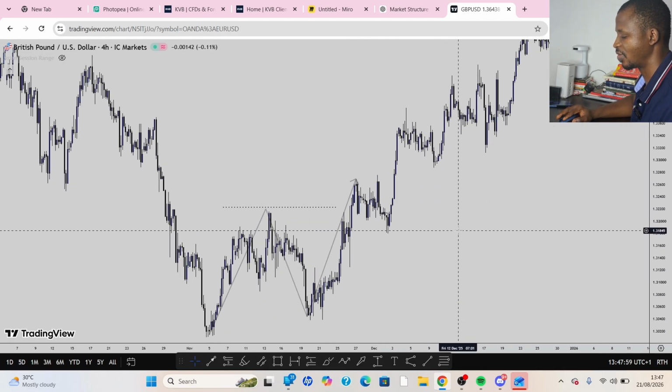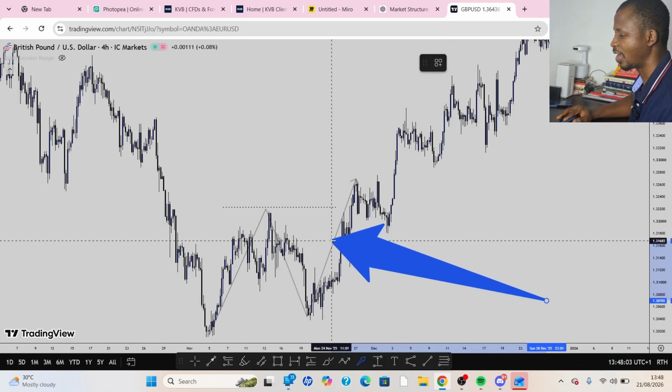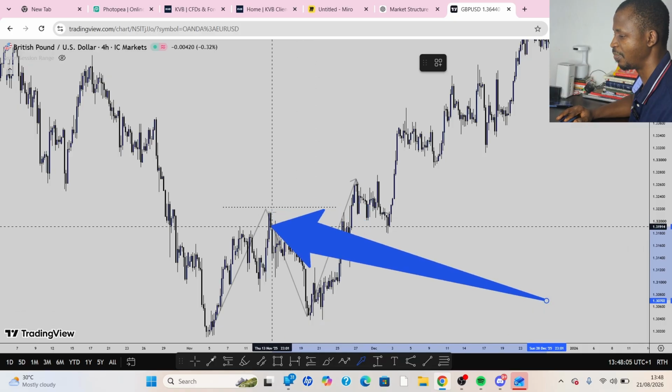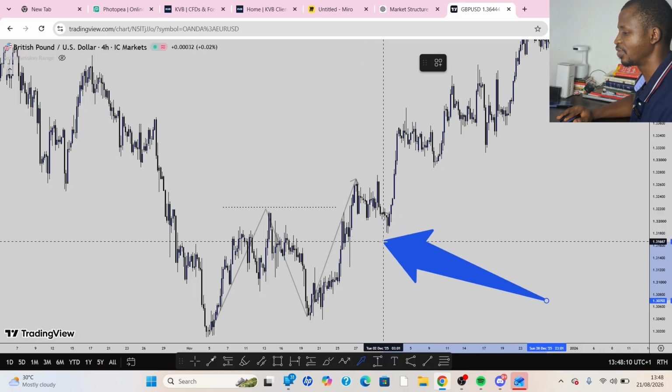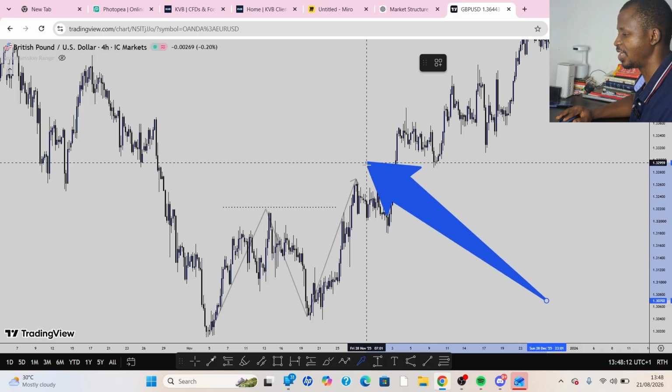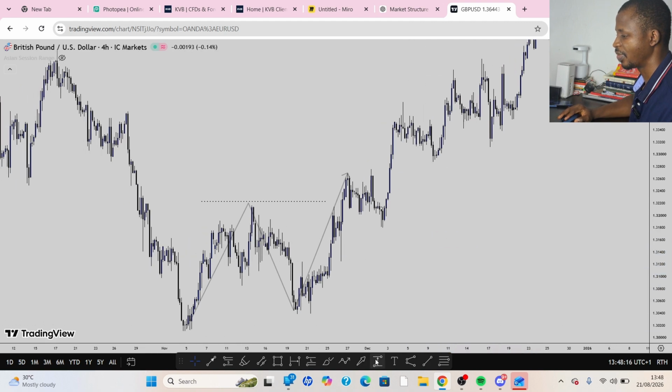What I mean by the second leg is that after the movement that caused the price to break the previous lower high, you want to wait for the price to return back, at least to touch any of the order blocks. At this juncture, this candle here is going to be the reference or the order block.